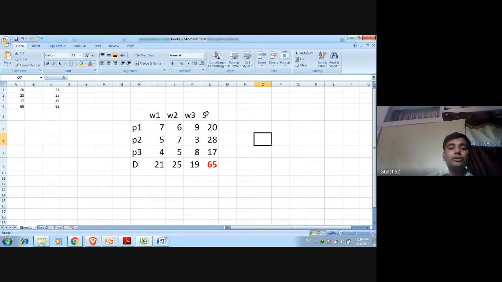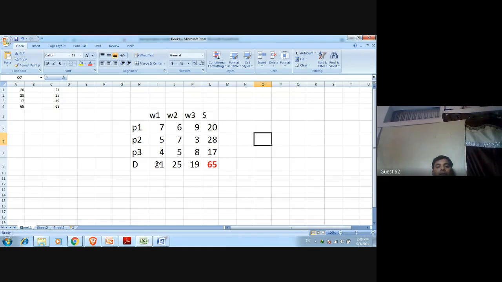Okay, so we have to allocate this cell. It means to send from plant P1 to W1, per unit cost is 7, and the total capacity of the plant P1 is 20, but the requirement of warehouse is 21.